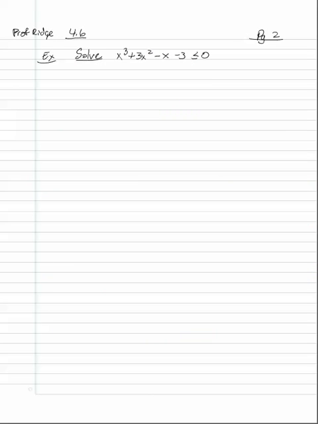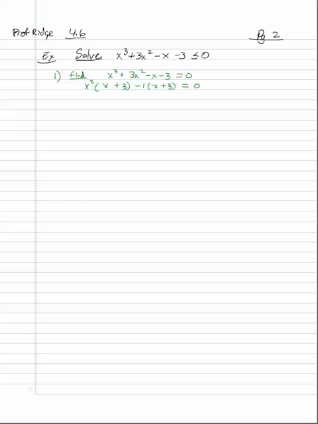All right, let's try another one. So my first thing is I'm going to find the critical values where it's equal to 0. Okay, so let's see, this one I can do by factor by grouping. I'm going to get x squared out of the first two. And then out of the last two, I'm going to get negative 1 out.